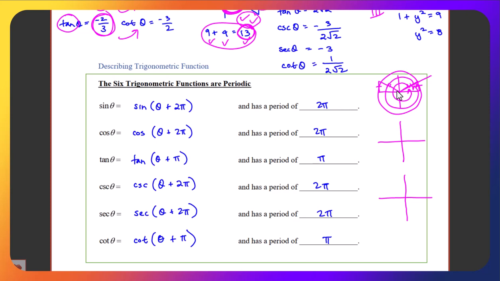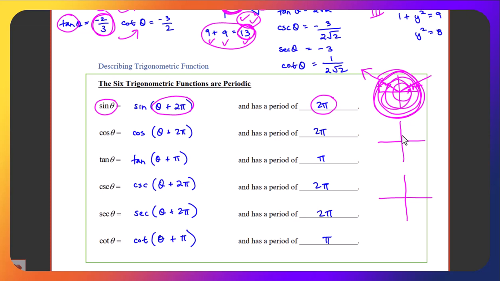The same is true for this angle. I can go around and around and around, and nothing changes. So it starts over every 360 degrees or 2 pi. So sine of any angle is the same as sine of that angle plus 2 pi.